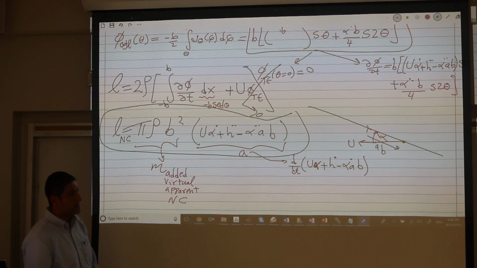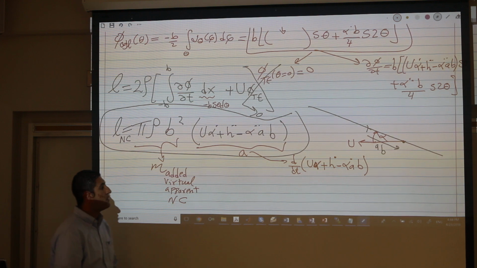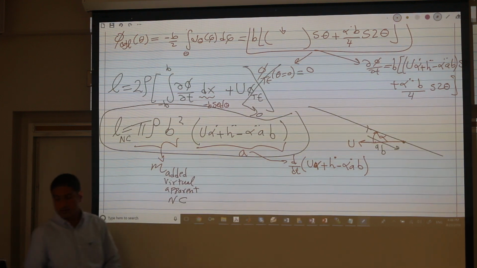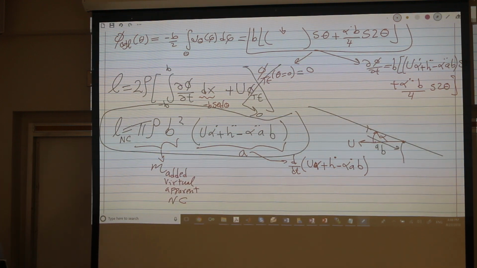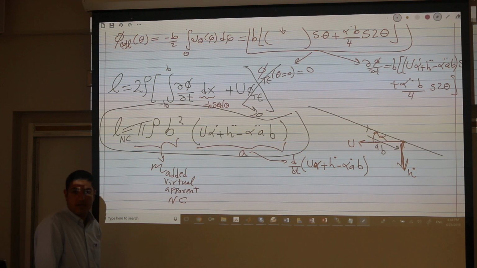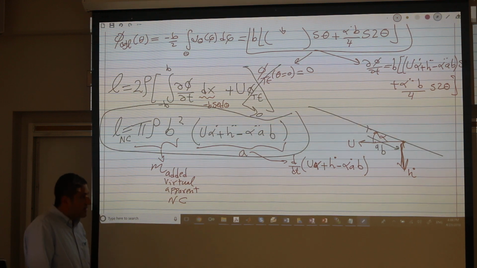It's perpendicular, the normal speed due to this U at any point. What about h dot cosine alpha? Again, it's the normal speed at any point due to h dot.